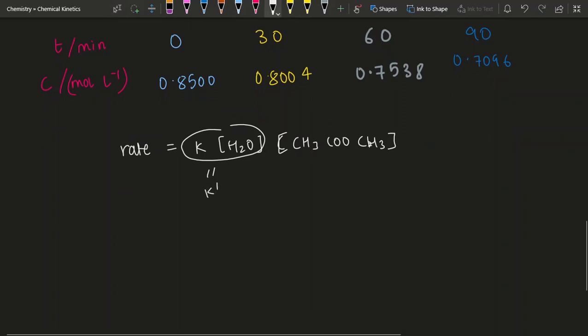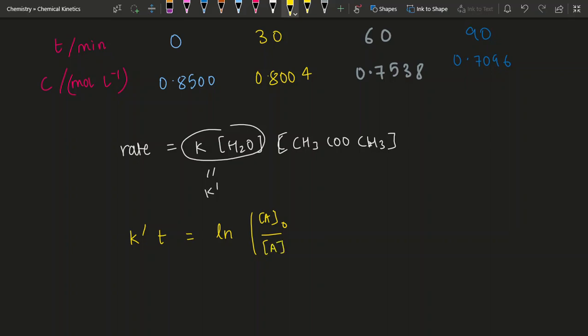We have learned about first order reactions, that for a first order reaction, if the rate constant is k, and in this case the rate constant is k dash, so let's take that, multiplied by the time equals natural log of C naught, the initial concentration, over the concentration at time t.